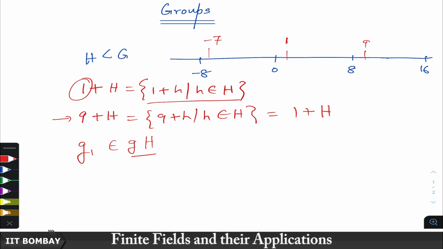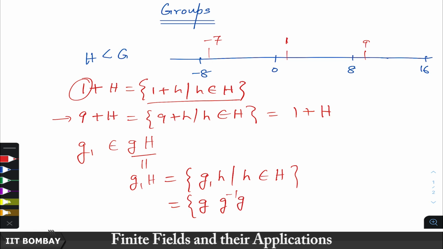Then this is the same as g1 H. What is g1 H? g1 H is nothing but g1 times h for all h in H, and you can write it as g times g inverse g1 h. We have just multiplied by e, since g inverse g is e.